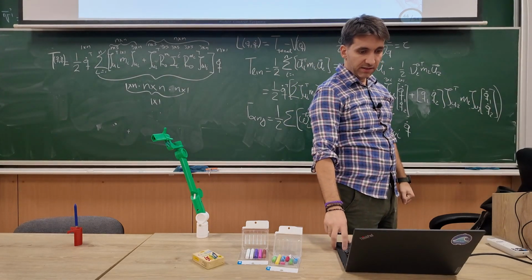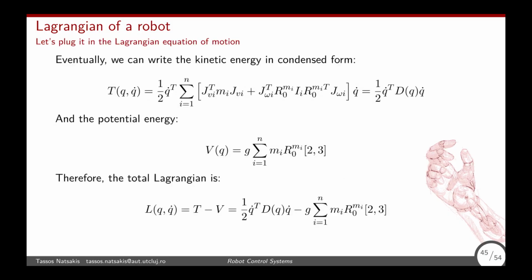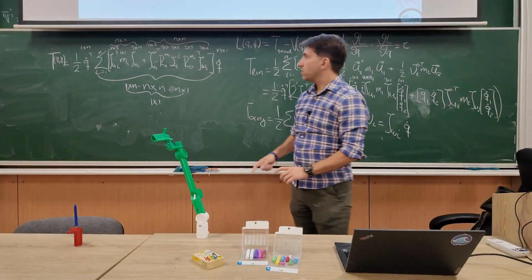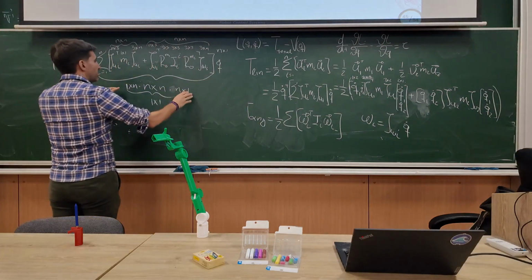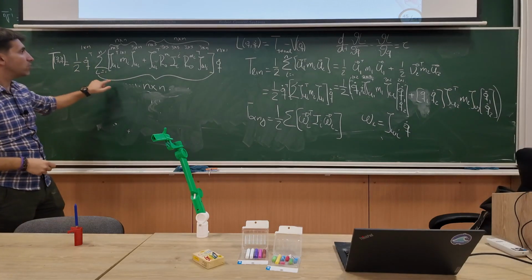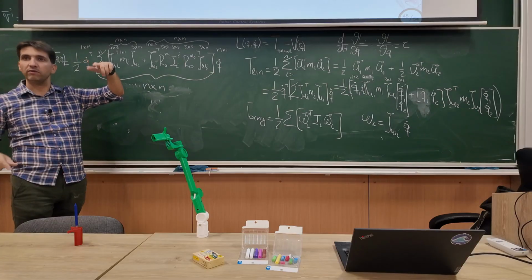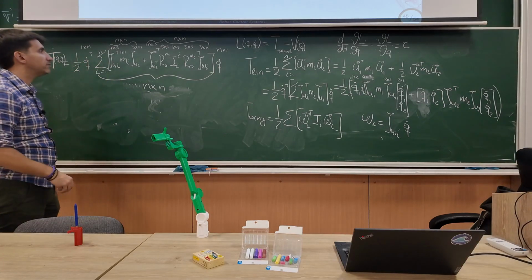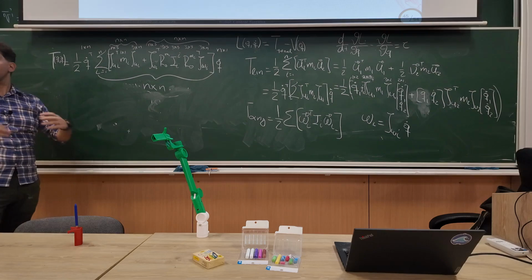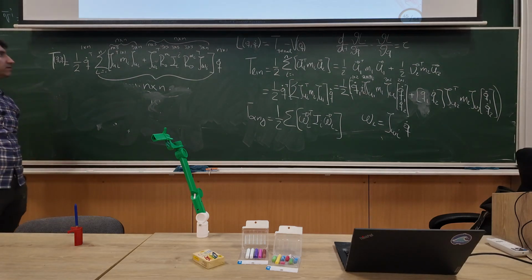So what are the sizes? Because we said we pad, eventually we will have this form here. Now, we said that this is m by n before I do the multiplication. This whole thing is basically a square matrix, n being the number of joints we have, right? And it will always be a matrix no matter what robot we have, unless we have one joint, then it's a scalar, but it's still a matrix.